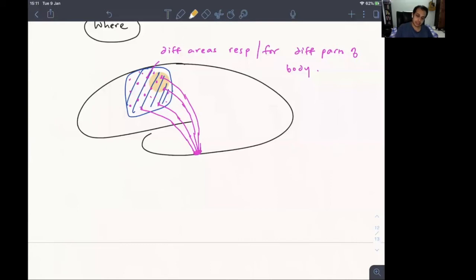So a same size lesion of say 1 centimeter in the motor cortex will cause less harm than the same size lesion in the say corona radiata. And that same size lesion will cause even more harm in the internal capsule.